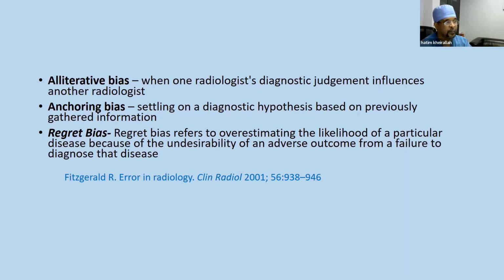So, for example, if an echo reported an ejection fraction of, let's say, 40% 6 months ago, and now this patient is having a new echo with a normal ejection fraction, you are going to think twice before you report normal ejection fraction, because you are going to be influenced by the last ejection fraction, which was low. So now you tend to say, probably it's not so normal, I will put it as 50. So this is an example of alliterative bias.